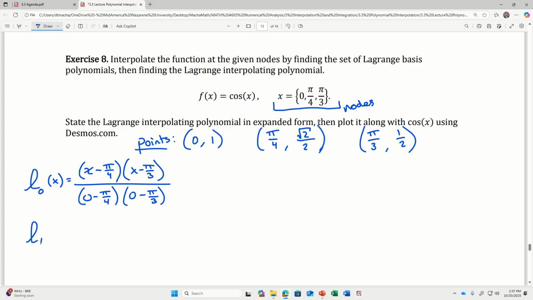When I go to write my second Lagrange basis polynomial, the L1 polynomial, that's going to be x minus 0 times x minus pi over 3 divided by pi over 4 minus 0 times pi over 4 minus pi over 3.